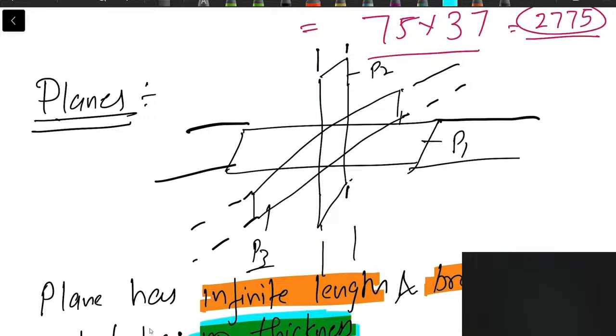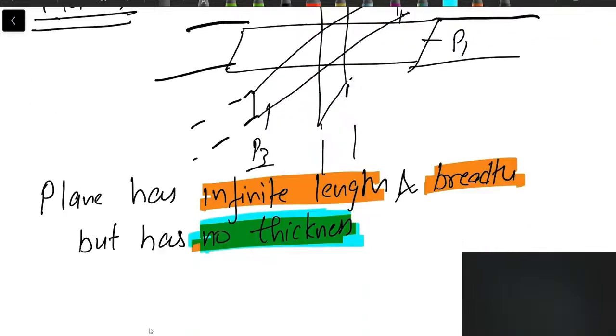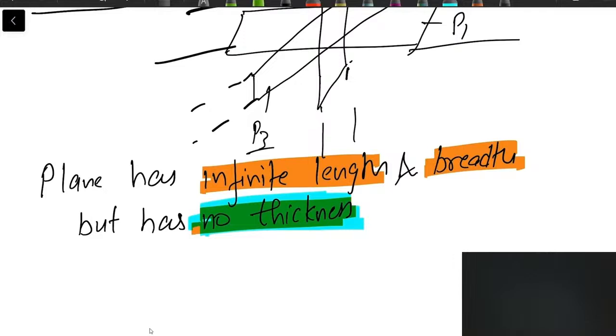Okay. So now if we have three non-collinear points, they will lie in one plane. Let's say I take an example of a plane. These are the 3 points. So this is one plane. If I have 3 points like this, this is another plane.